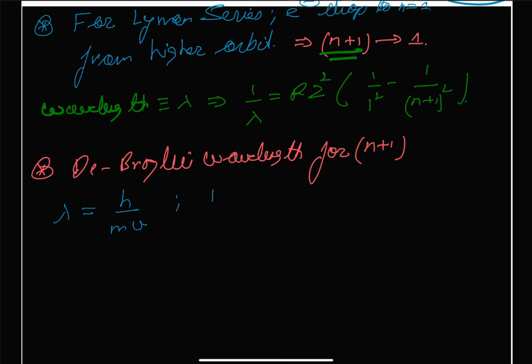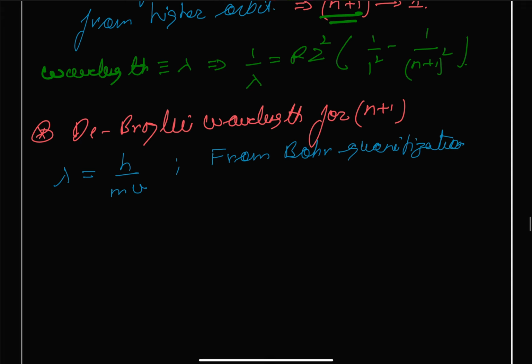So from Bohr quantization we can write that our MVR is equal to n plus 1 multiplied by h.